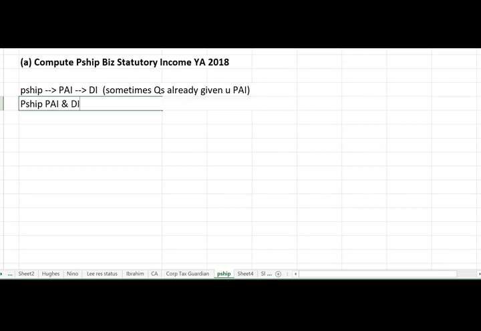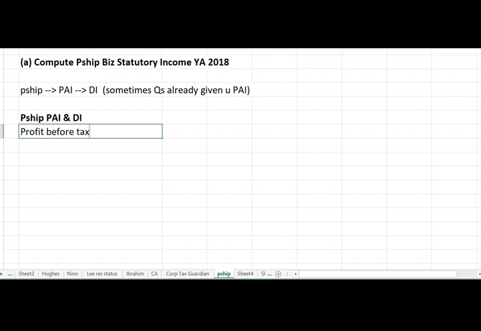Now I'm going to begin with the partnership PAI and DI. So the profit before tax, now I might need a bit more columns later on because I need to show the individual partners. Okay, so let's begin here with 416,000.